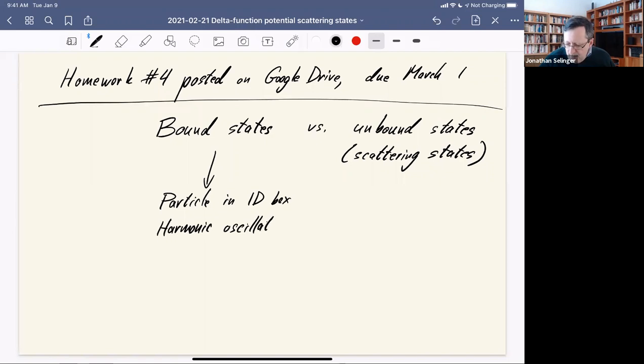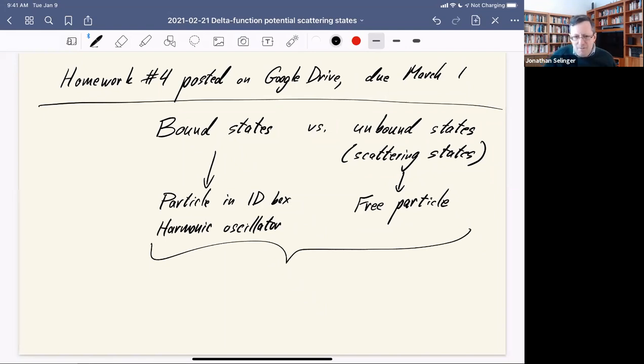By comparison, the free particle has only unbound states. Then the idea was, can we design a potential that will have both? That's our goal for the moment.